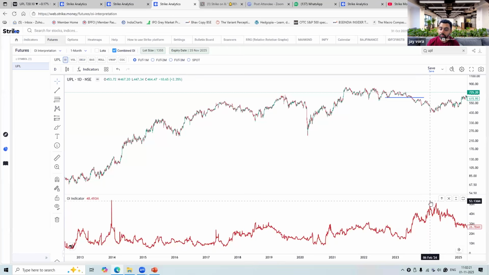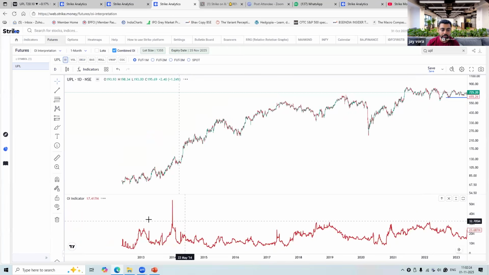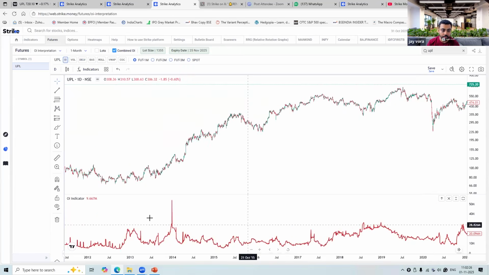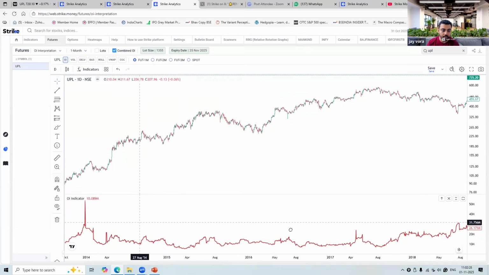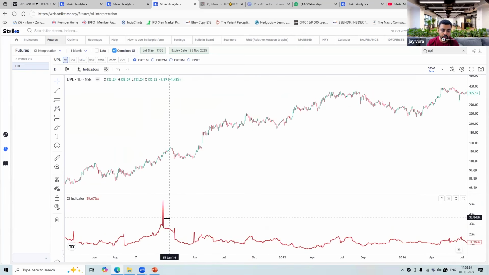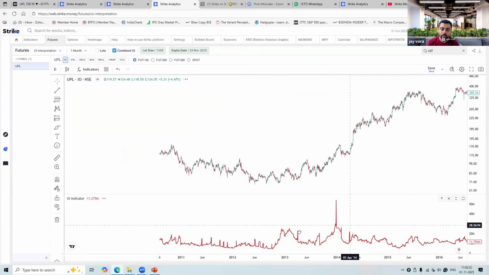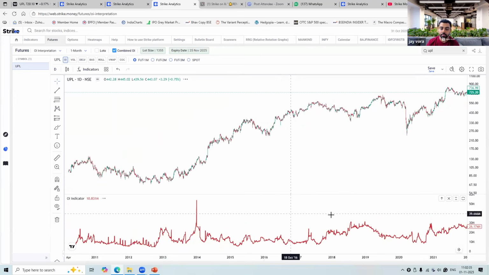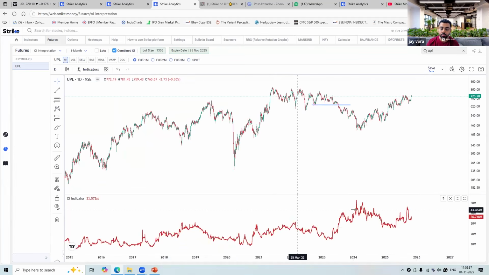you can see that this open interest was very, very high, and this spike might be just a one-off, or there might be some error in computing, but otherwise this is how it was. So I was just wondering at this point of time that the open interest was very high, so can this reverse?